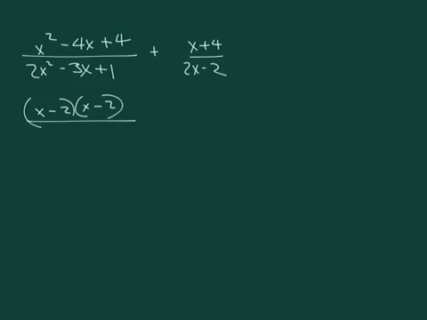Factor it down to that. And the bottom here, we're going to factor that down. I'm going to assume you know how to do this. I'm not going to go through all the how-tos with you because we've done it enough. And this is going to stay x plus 4 over, we're going to factor out a 2.